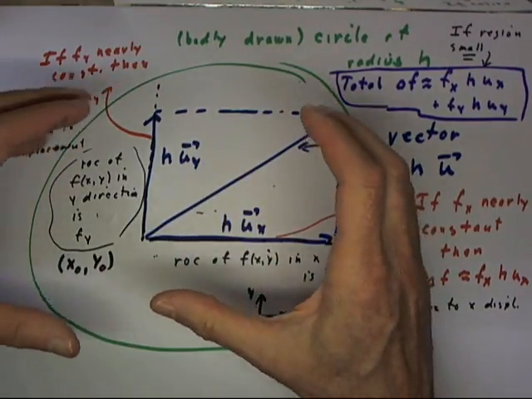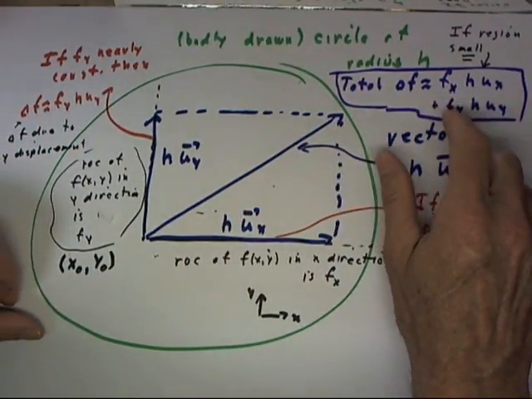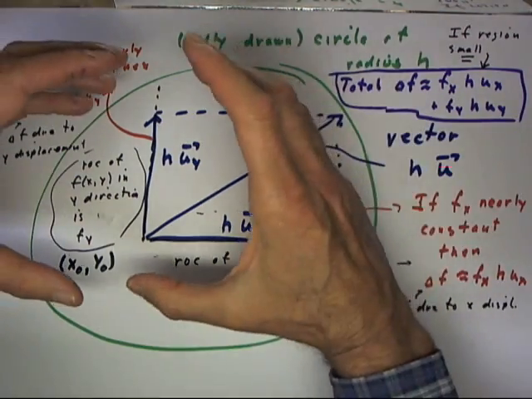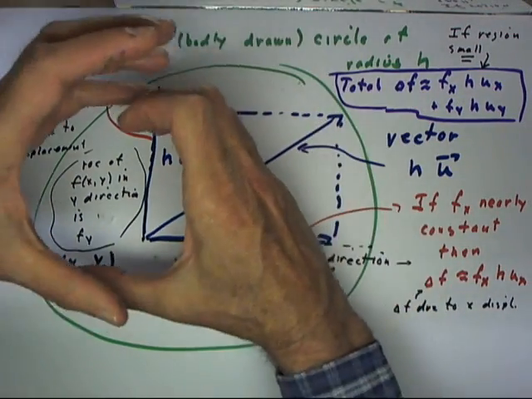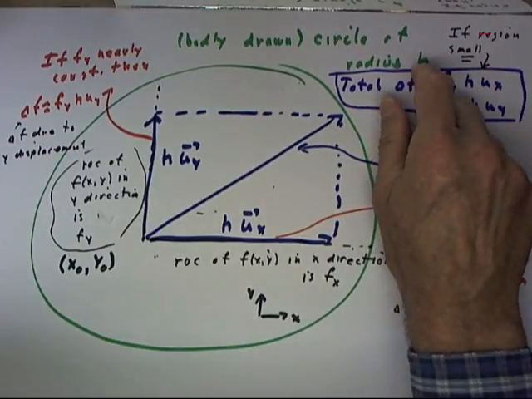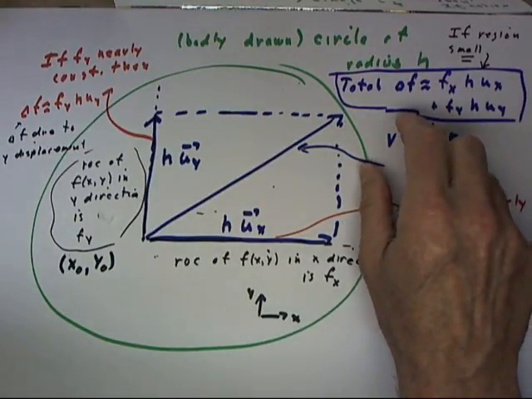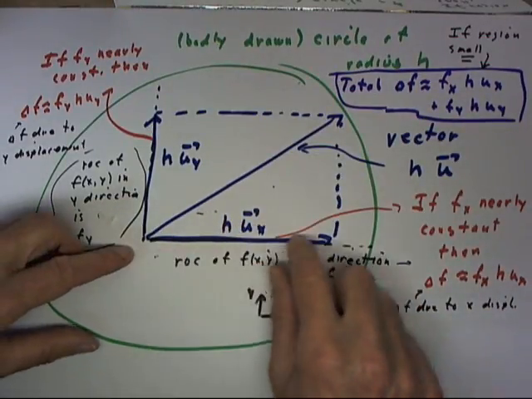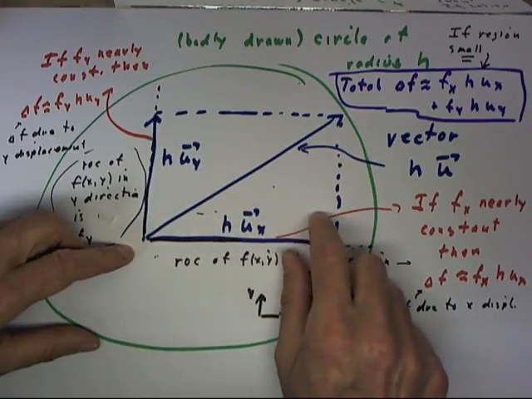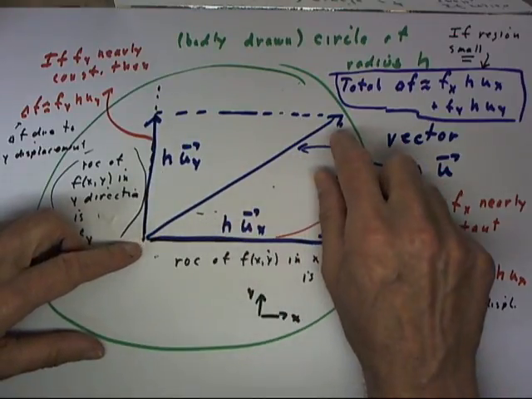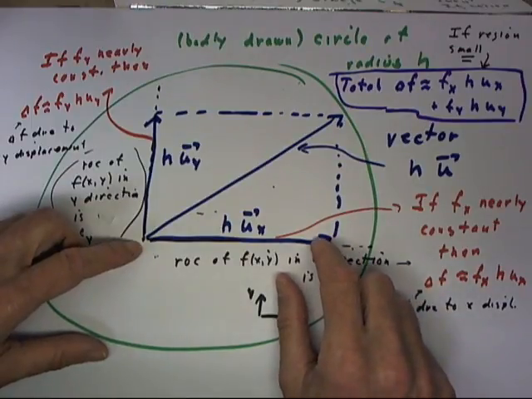If the function is well behaved, we can make fx and fy as nearly constant as we wish by making the region small enough. So we simply choose an h small enough that the changes in fx and fy can be considered to be negligible or insignificant.